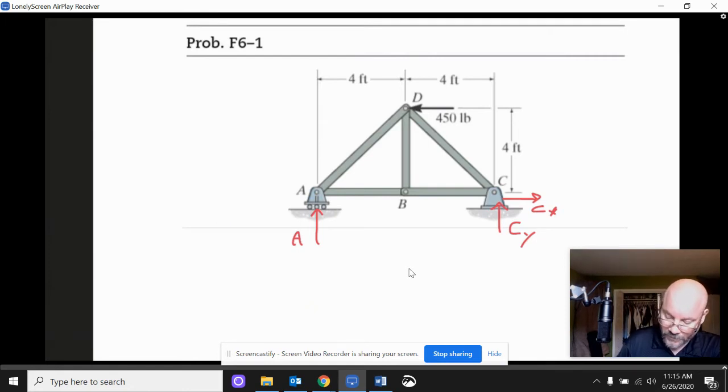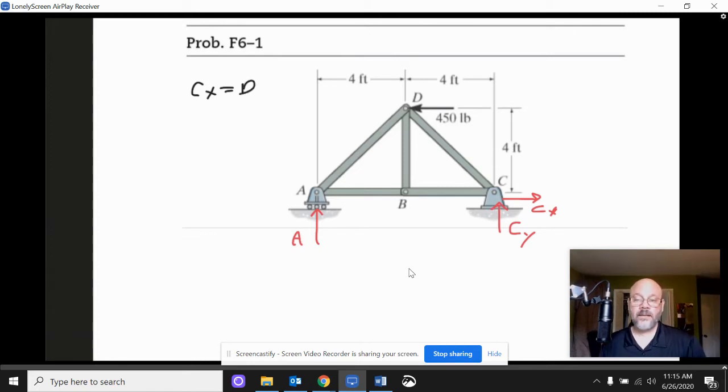CX is equal to D. Oh man, I am struggling today. CX is D, just like that. So we got that taken care of. Now, let's think about A and CY. They're both vertical.